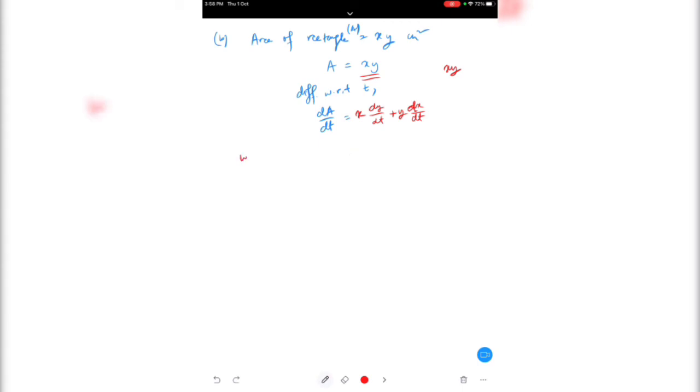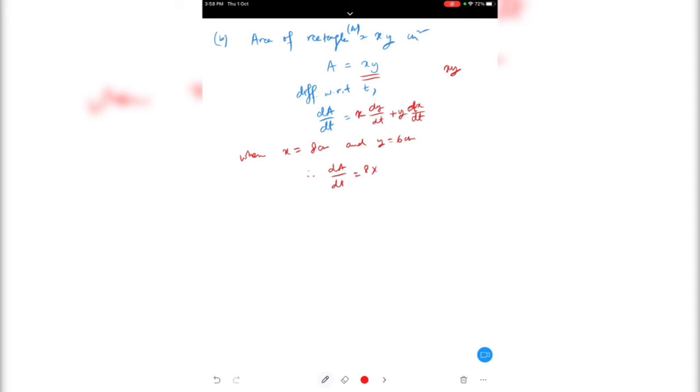So when x is equal to, what was the value of x that is given? When x is equal to 8 centimeter and y is equal to 6 centimeter, therefore dA dt is equal to 8 into dy dt. How much is dy dt?